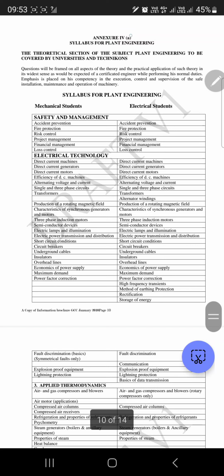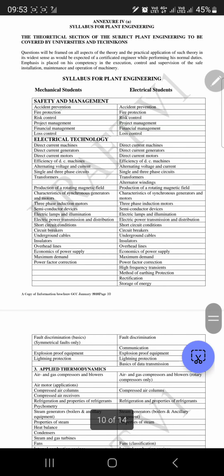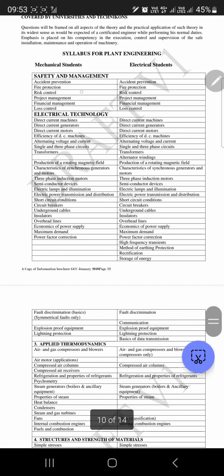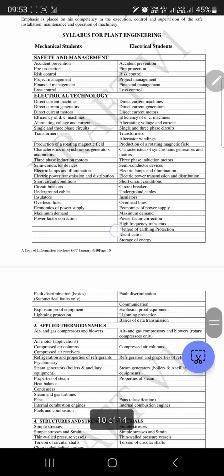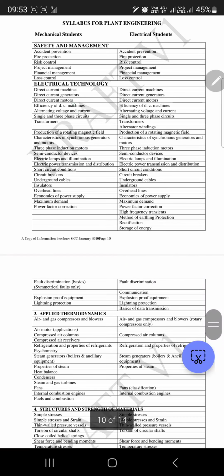Now on paper 1, you'll be looking at safety and management, where you're looking at accident prevention, fire prevention, risk control, and then project management and so on. And then you also have electrical technology, where if you are mechanical, you'll be looking at direct current, the direct current generator, the direct current machine, and all these.